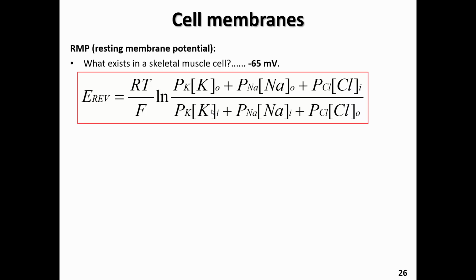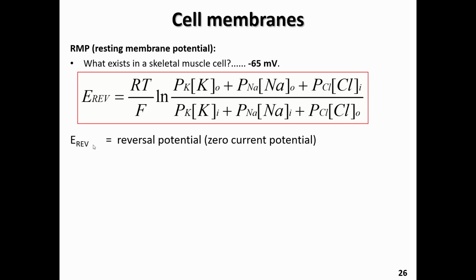Likewise, we have in the denominator the interior concentration of potassium, the interior concentration of sodium, and the exterior concentration of chloride. Now, these are all ions, and they should have positive or negative symbols associated with them. The P refers to the permeability or the relative ease at which an ion can move from one side to the other.